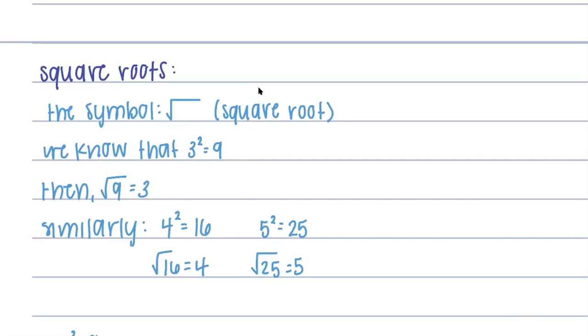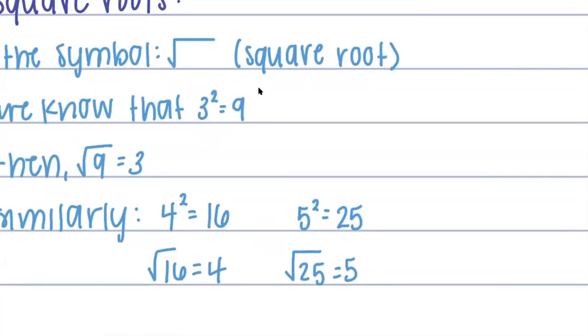And you know it's 3. Basically, square roots are the opposite of squares. Down here, we know that 4 squared is 16, so the square root of 16 would be 4. To solve it, think, what squared is 16? Well, 4 squared is 16. So the square root of 16 is 4.